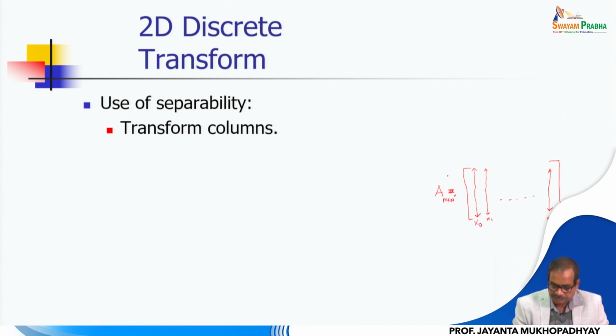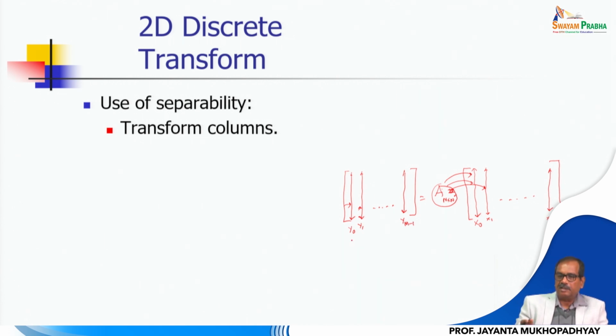Now, what you are doing is multiplying the matrix with each column vector and transforming them. So you multiply this matrix with this column vector and produce y0. Multiply this with this column vector, you produce y1, and it goes up to ym minus 1.